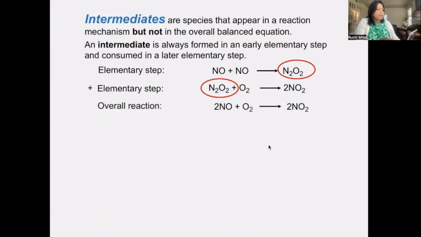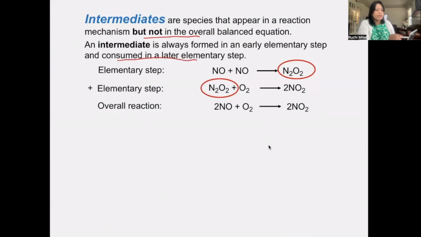Now, if you look at this reaction, what is an intermediate? Intermediates are the species that appear in a reaction mechanism but not in the overall balanced equation, because an intermediate is always formed in an earlier elementary step and consumed in a later elementary step.